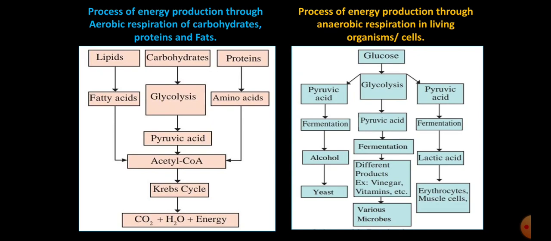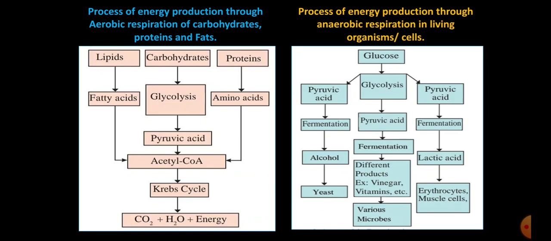Here the lipids are first converted into fatty acids, and then they are converted into acetyl coenzyme A. Proteins, on the other hand, are converted into amino acids and then into acetyl coenzyme A. Carbohydrates undergo glycolysis. They are glucose molecules. They are first converted into pyruvic acid, and then they are converted into acetyl coenzyme A.